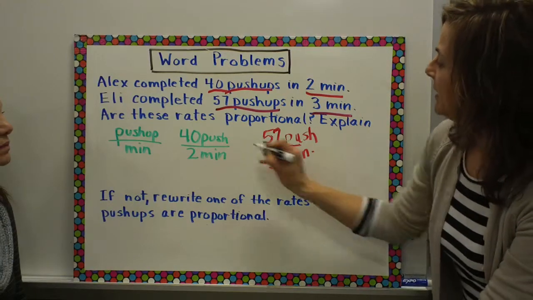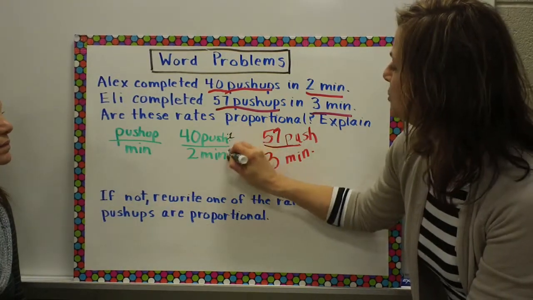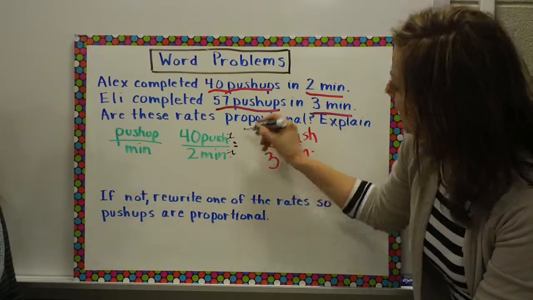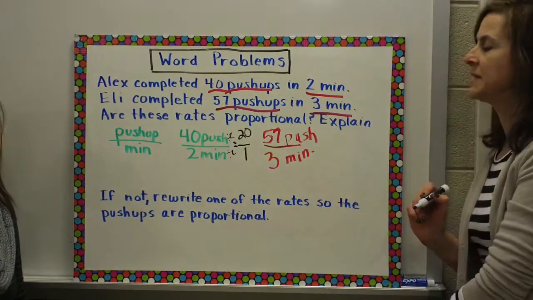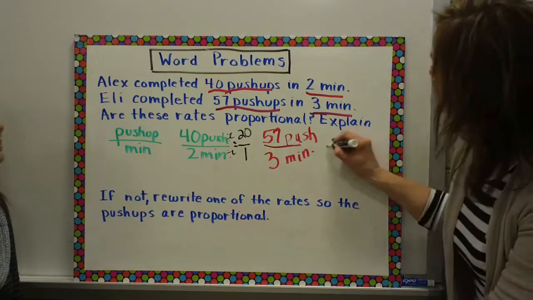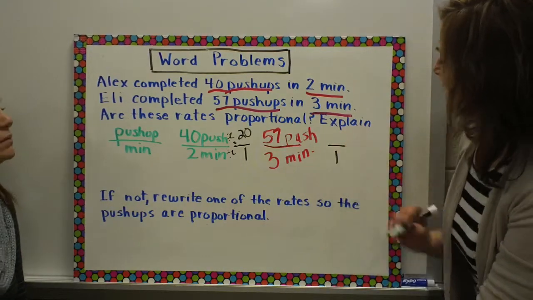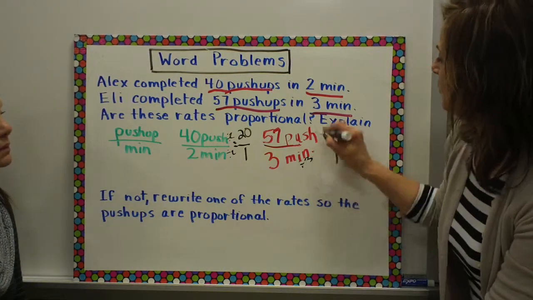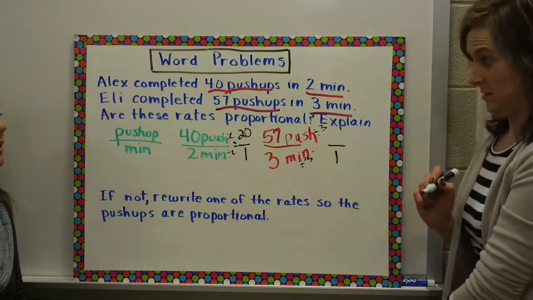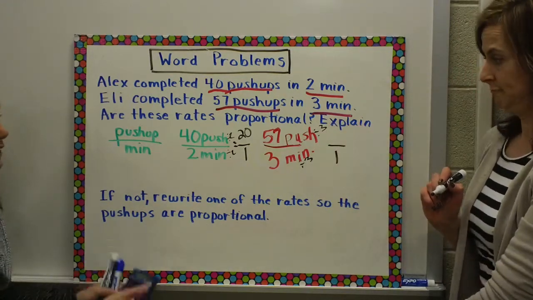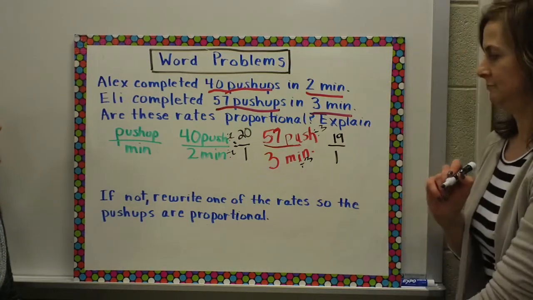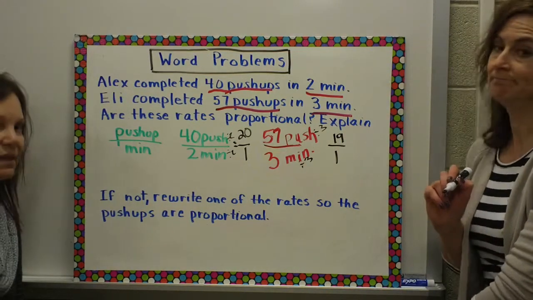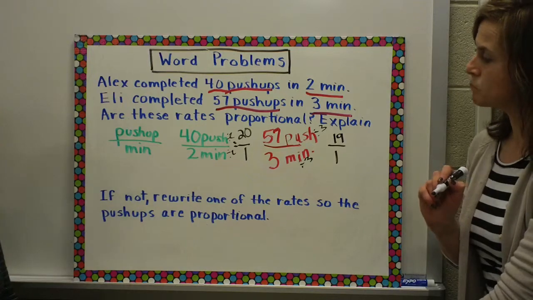So 40 divided by 2 and 2 divided by 2. Well, that one we can just do in our head, that's 20 to 1. So in 1 minute, we would expect Alex to complete 20 push-ups. Here, I want the unit rate, so I'm dividing both by 3. Now, if you don't know, use your calculator. I know that's 19, so Mrs. Armentrout's going to write a 19, and we notice that, oh, those are not the same unit rates. So are these proportional?